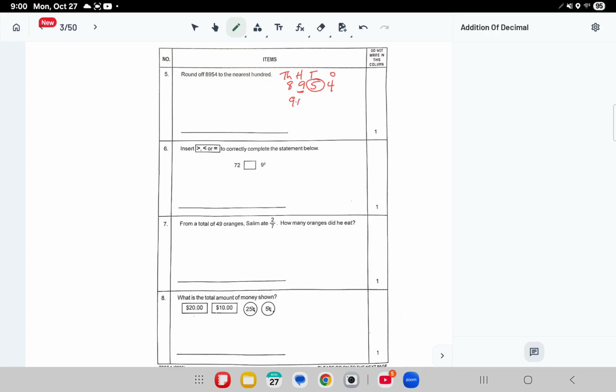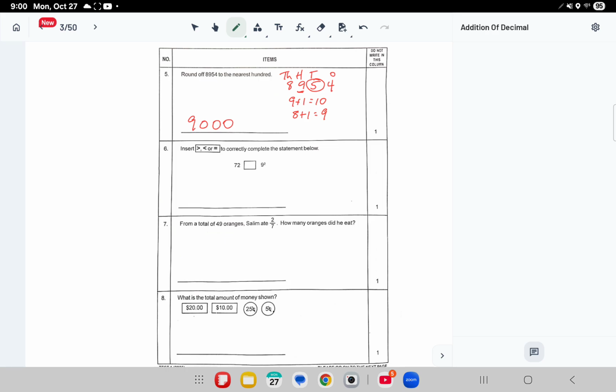So 9 plus 1 will give us a group of 10. We know 10 sets of 100 will be 1,000. So we need to add on this group of 1,000 to the thousands column. So this would be 8 plus 1, which is equal to 9. And we will replace all the numbers on the right hand side with zeros. So we get 9,000.